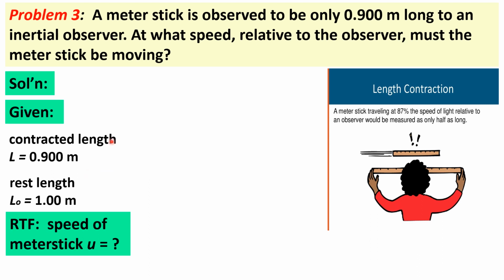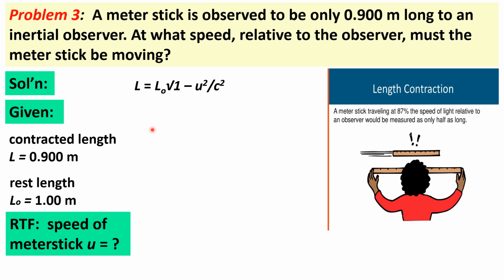I said that it is relatively easy because the highlight of this question is for us to show how the formula for length contraction can be derived for us to get the working equation for determining the speed u.